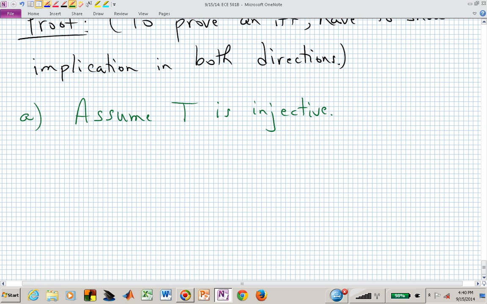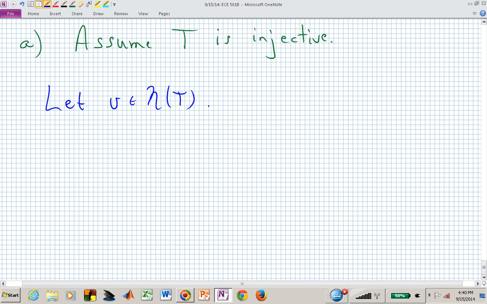Now let's go ahead and pick a vector V in the null space of T. If that's the case, then what's T of V? 0. We were just given that. That says that V is in the null space of T. But what else do we know?